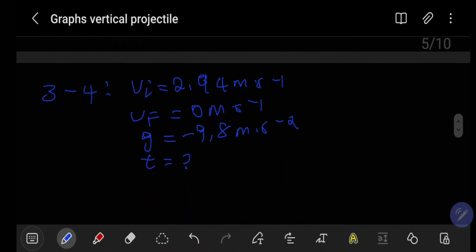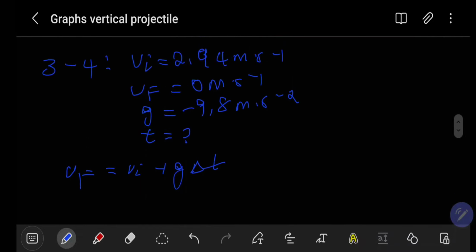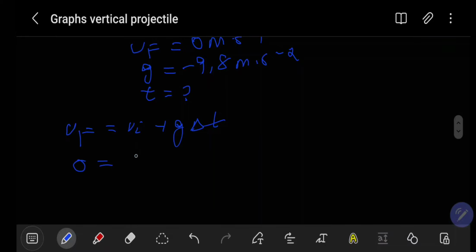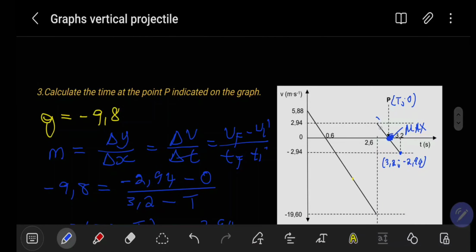Then our time is the one that we are looking for, because we want the time at point P. We can use the simplest equation, which says V final is equal to V initial plus gravity times change in time, and our final velocity is 0. We're going to have 0 equals 2.94 minus 9.8 multiplied by change in time. When you solve this, our time becomes 0.3 seconds. So it takes the ball 0.3 seconds to reach the maximum height.